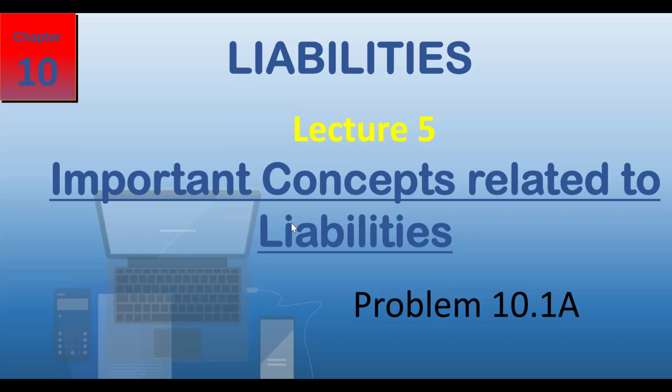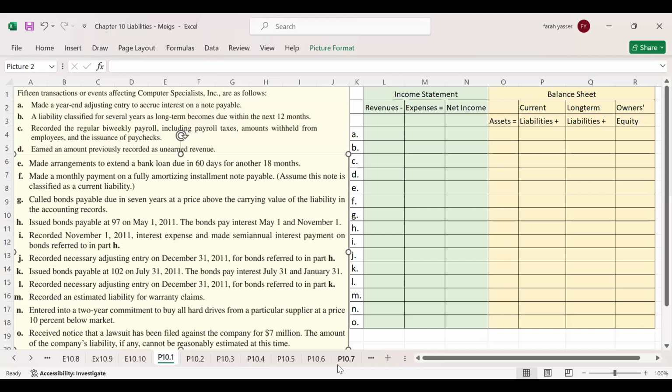So, before discussing the problem, I would like to mention a few basic things. First of all, any increase in revenue is also an increase in net income, which in turn increases owner's equity. So, net income has direct association with owner's equity.